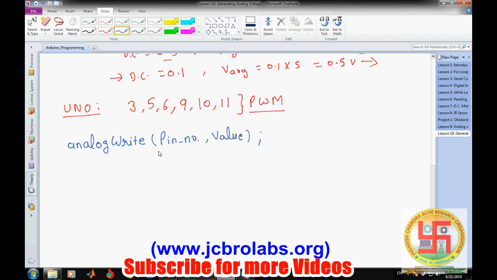Okay, so what it does is simply generate a PWM signal out of any specific value. This value takes only integer values between 0 and 255.